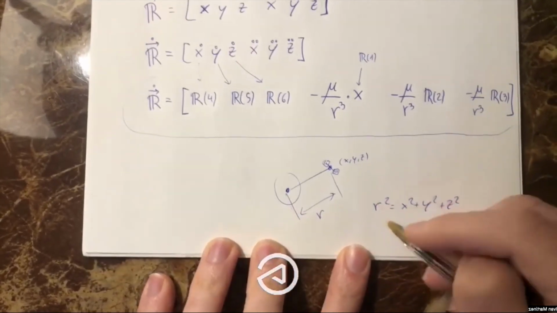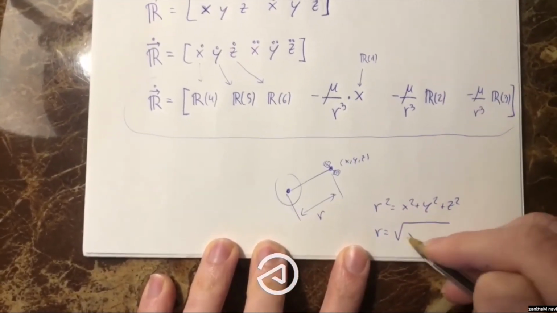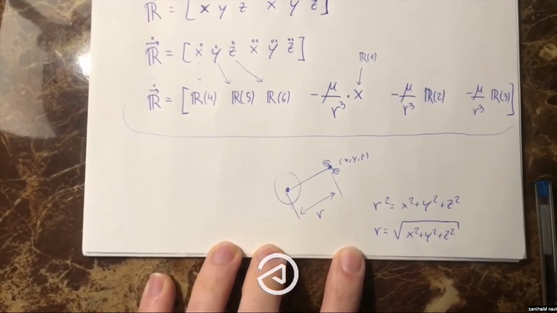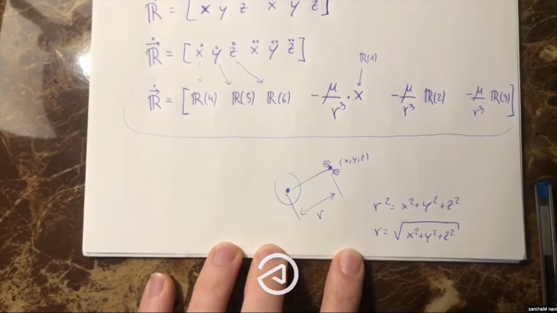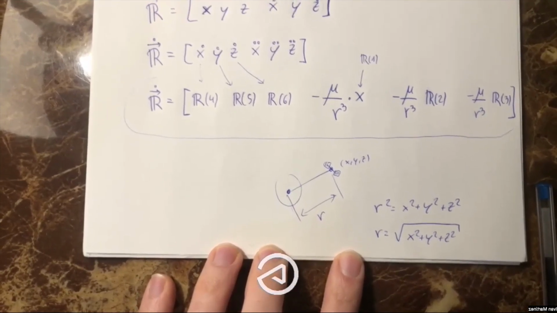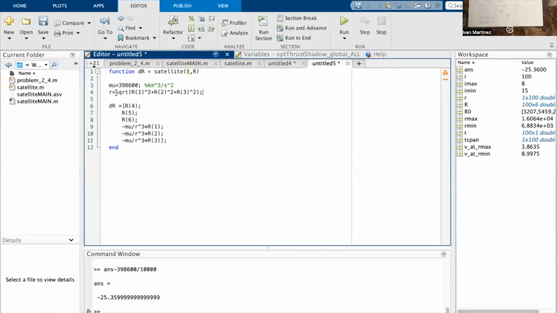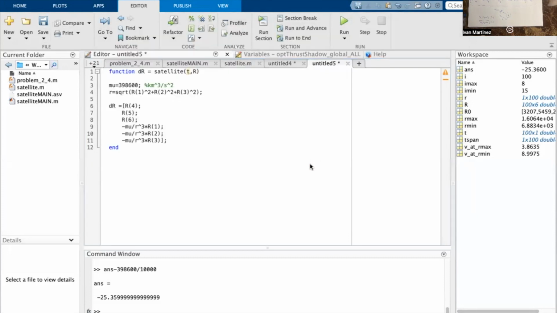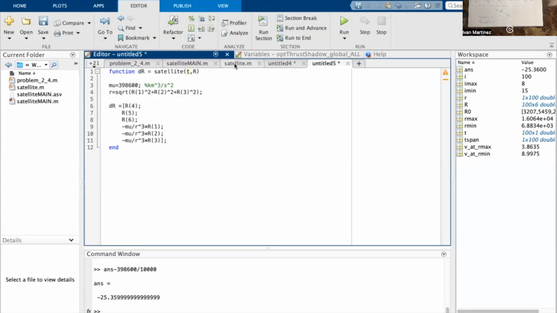So all I did was R equals the square root of X squared plus Y squared plus Z squared. That's it. We don't need anything else. Save it. It says that I already have it because I already practiced. It should be the same.